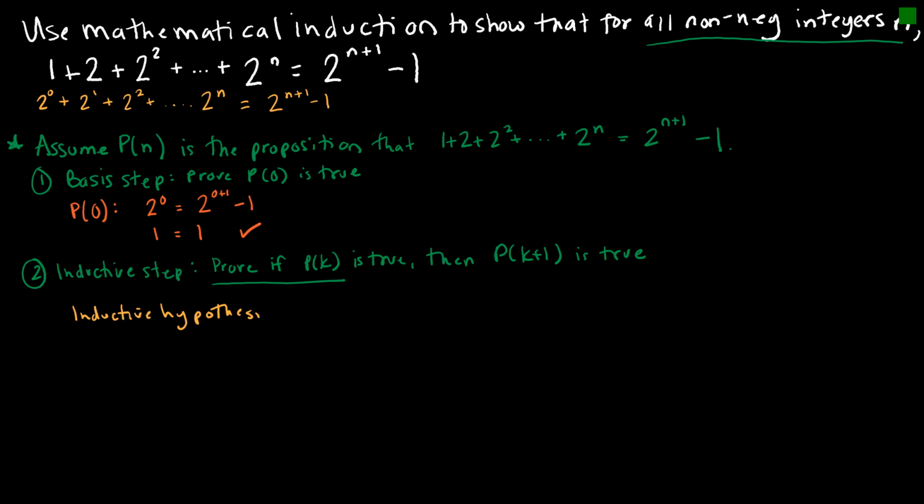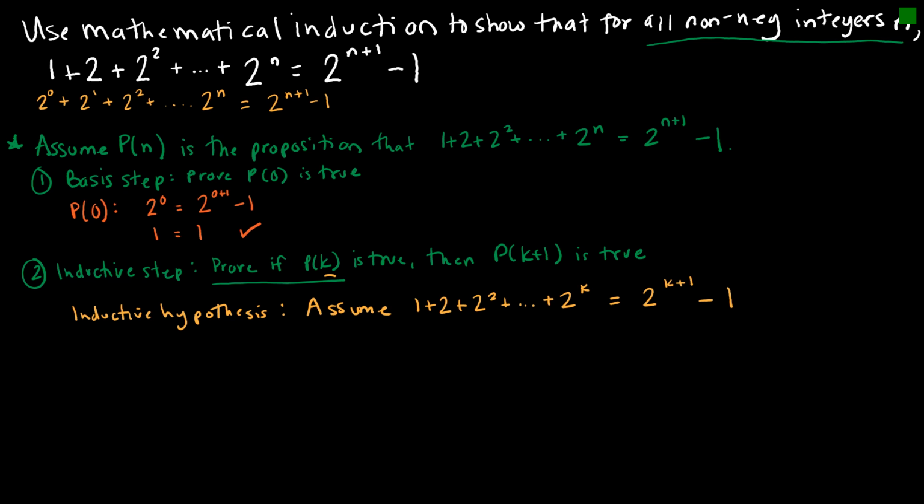And my inductive hypothesis is me basically writing out that P of k is true. So I'm going to assume that 1 plus 2 plus 2 squared plus blah blah blah up to 2 to the k, because again I'm dealing with k, is in fact equal to 2 to the k plus 1 minus 1. I'm assuming that is true.